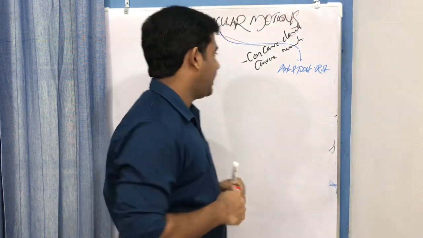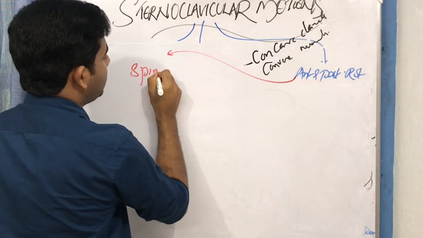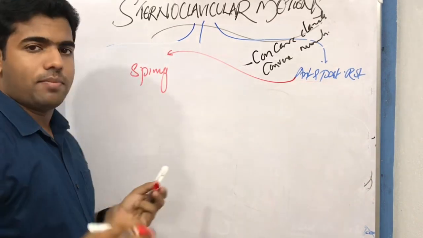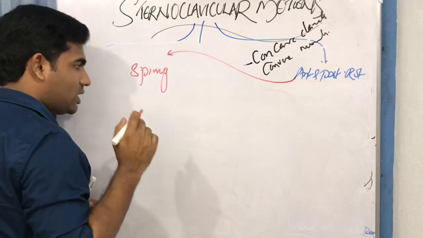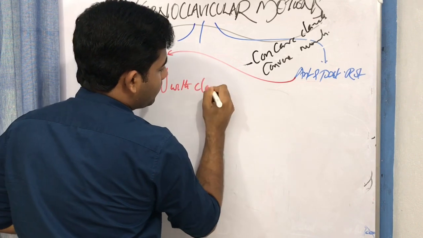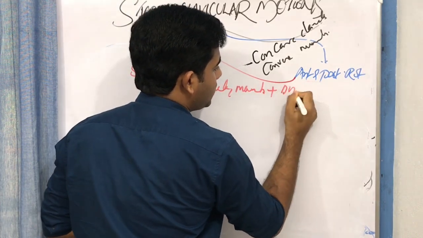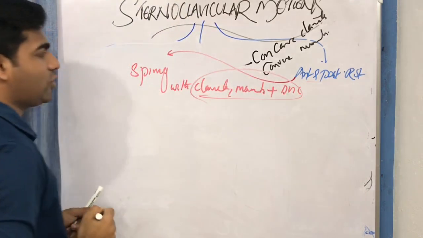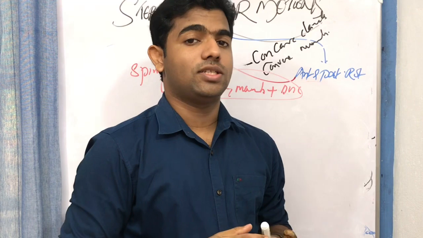So here it is a spinning movement. You can imagine that rotation is a spinning movement, not a glide or a roll, with the clavicle, manubrium and disc. These three structures are involved in this rotation.